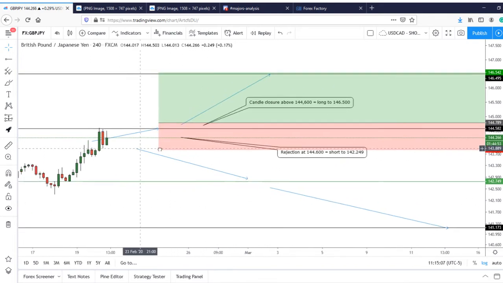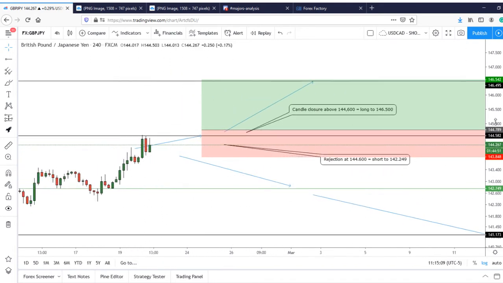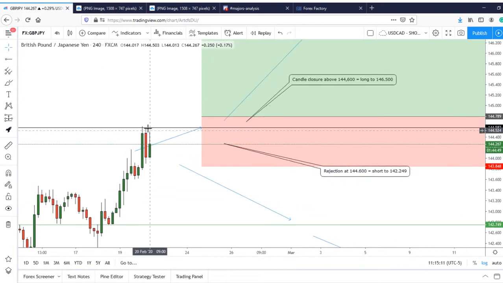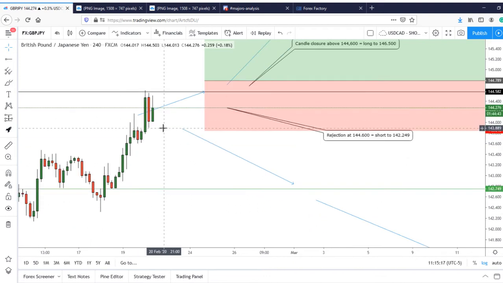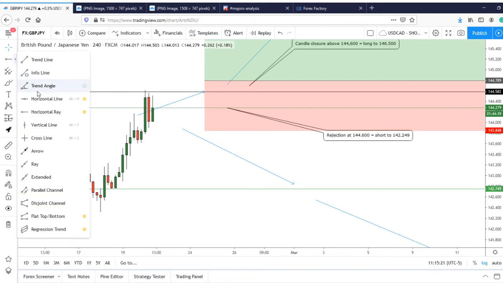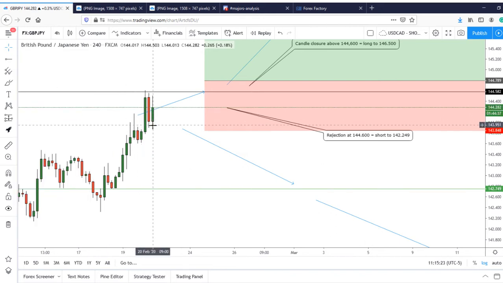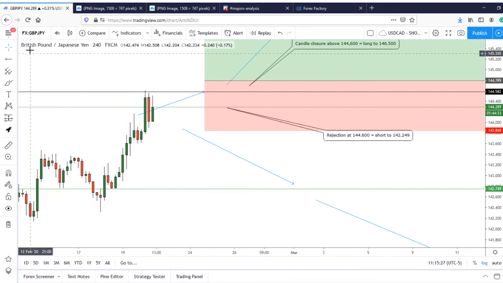And currently it's looking like the latter is more likely. We did get that rejection candle, although it wasn't as bearish as I'd like it to be. It's still a bearish candle. I think this next 4-hour candle will tell us what's going to happen. If the body of this candle can come back down and turn into a bear, I would be inclined to take the intraday short on this trade.